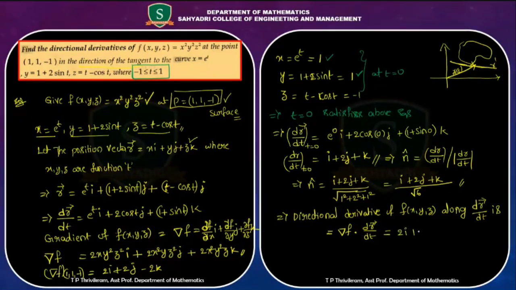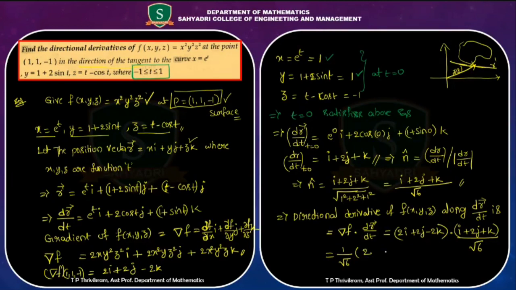So first is 2i plus 2j minus 2k dot (i + 2j + k) divided by root 6. Just multiply the numbers term-wise and tell the answer. Here 1 by root 6 into, so 2 into 1, I'll get 2.